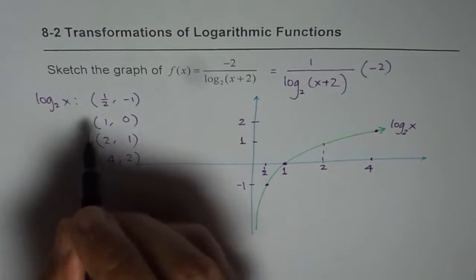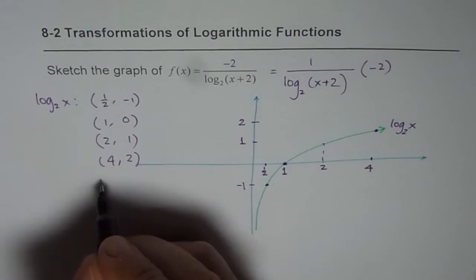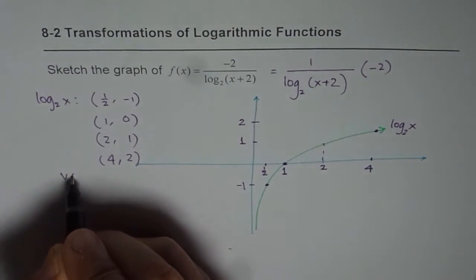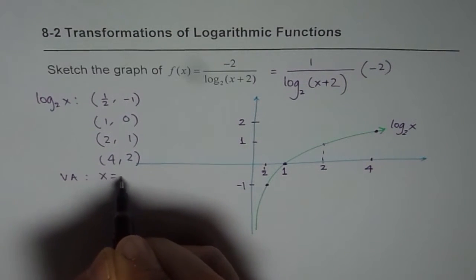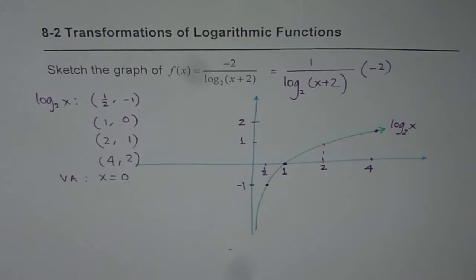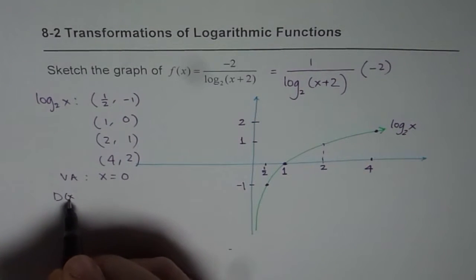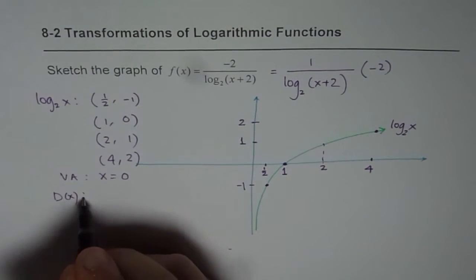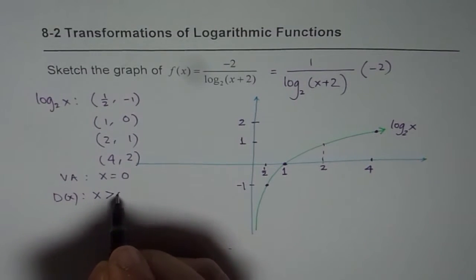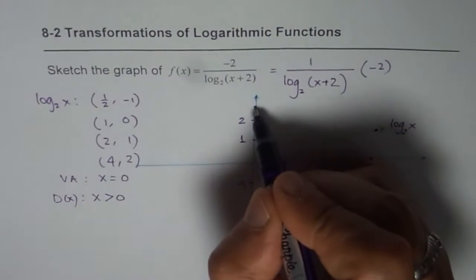Plus, we have a vertical asymptote at x equals 0. These are good points to work with. As you can see, the domain of log to the base 2 of x is x greater than 0, so that is the vertical asymptote for us.